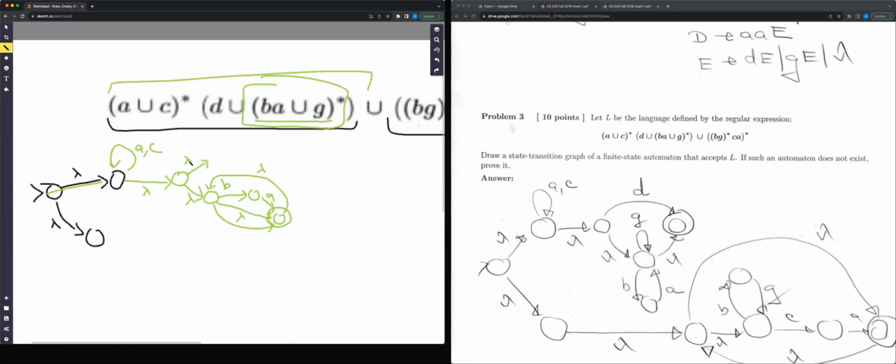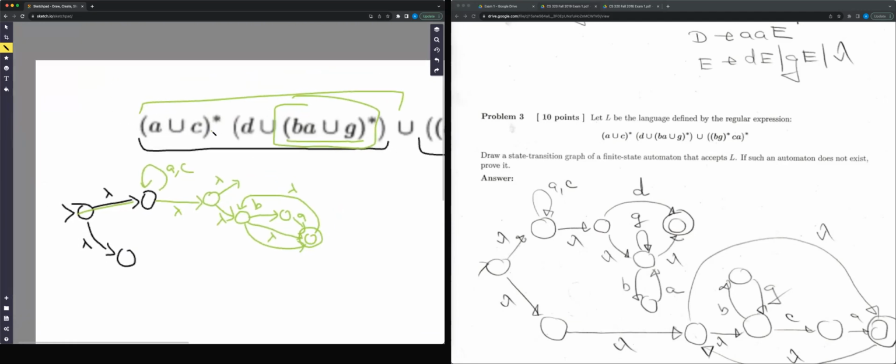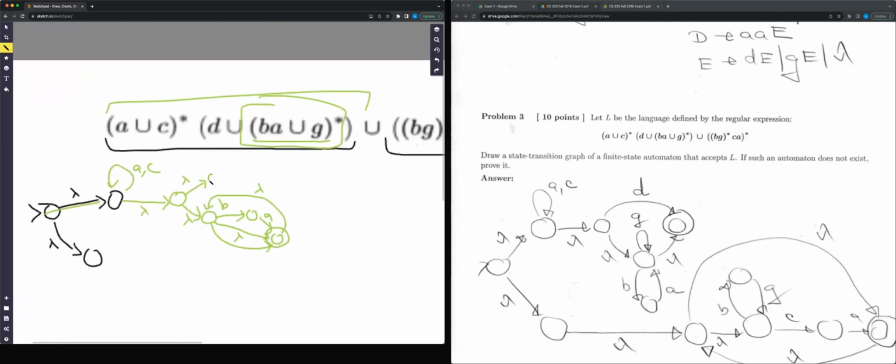The other thing I can do is make multiple final states. I'm allowed multiple final states. So let me just make this a final state and then say this is a D transition, rather than having them intertwine. To avoid any type of issue like that, let me just have multiple final states.